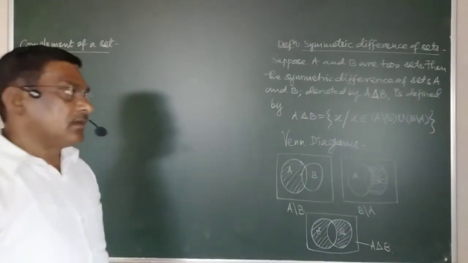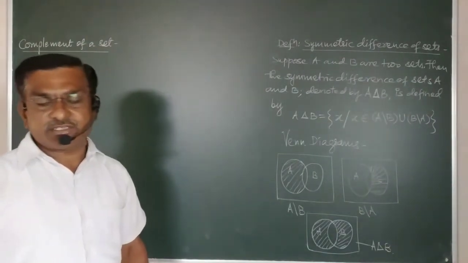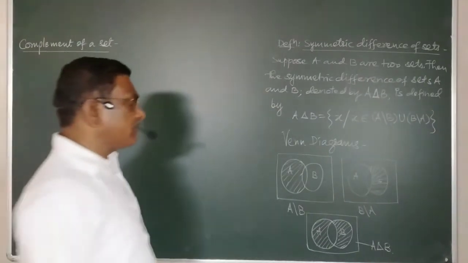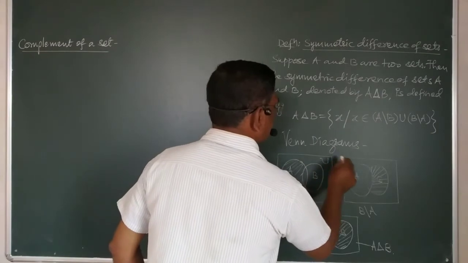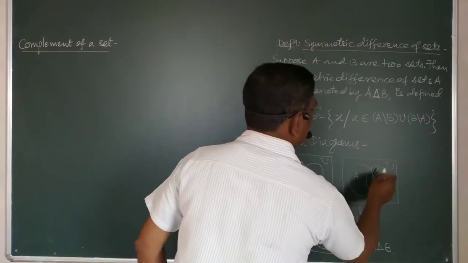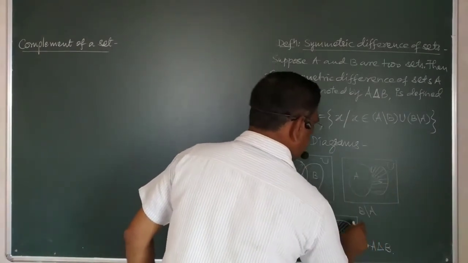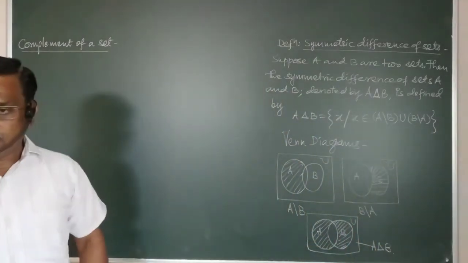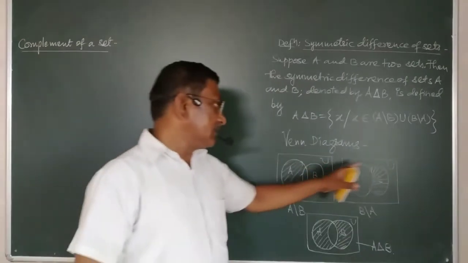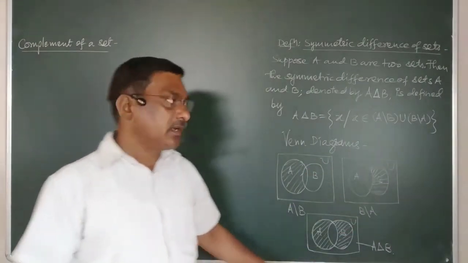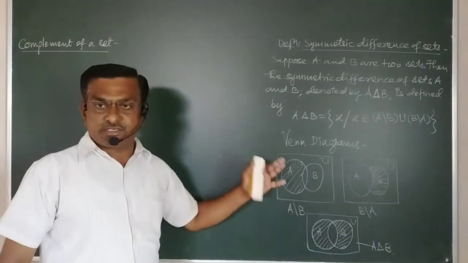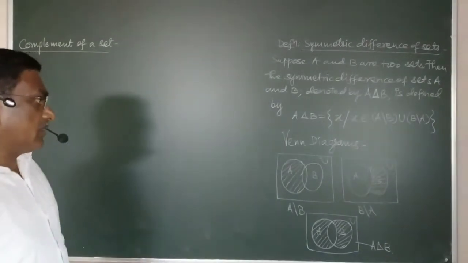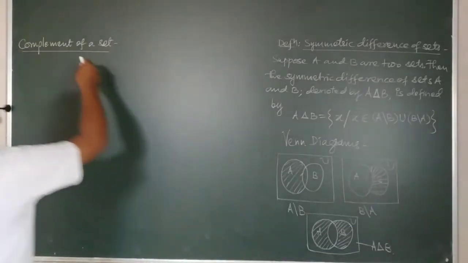Of course, indirectly another set is also there, but we do not consider it because it is everywhere. It is the universal set. Everywhere there is a universal set, and hence this third set is not considered in union or intersection. But here the universal set you need to consider.